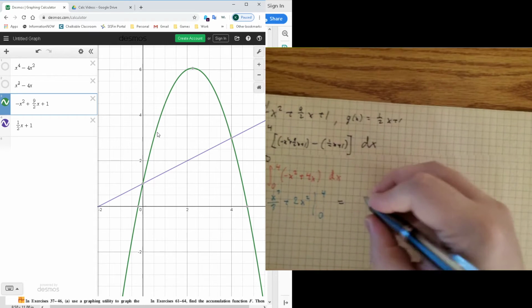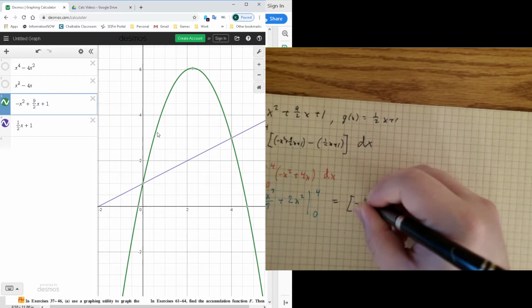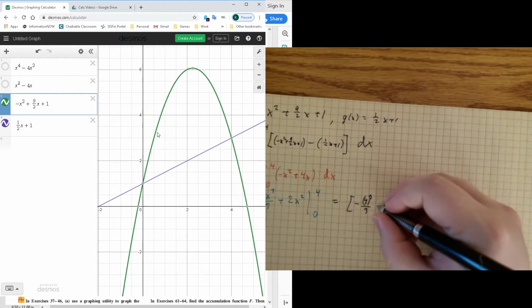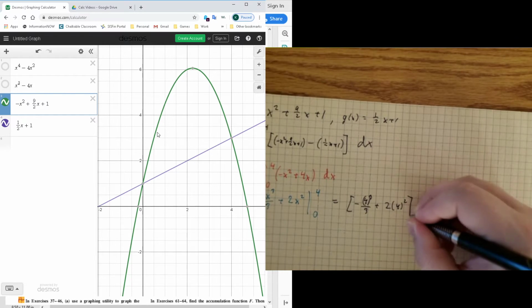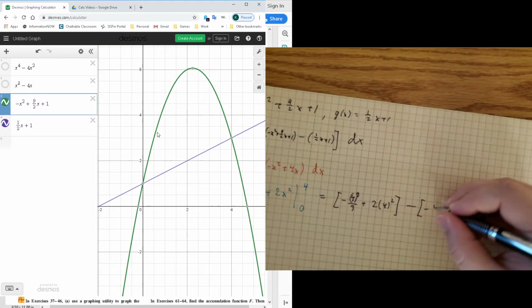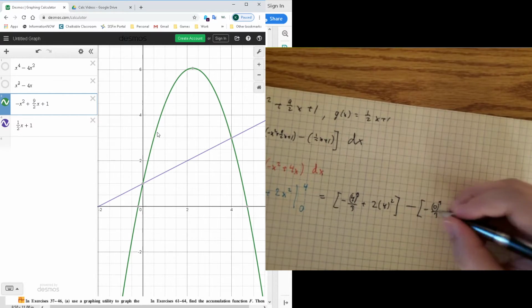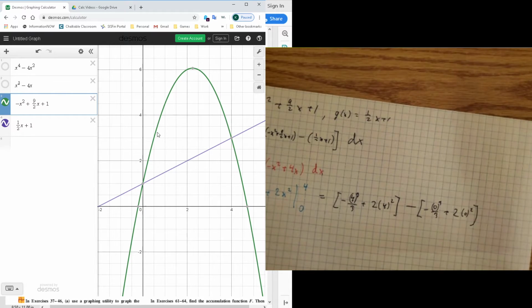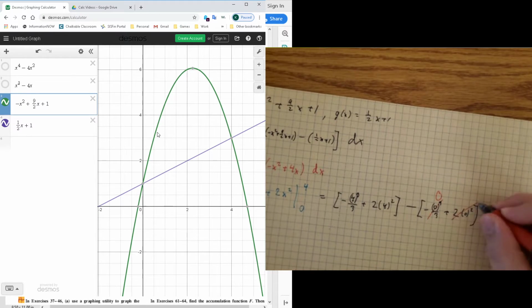And now I can start plugging in. I plug in 4 first, so negative 4 cubed over 3 plus 2 times 4 squared, minus negative 0 cubed over 3 plus 2 times 0 squared. Okay, 0 cubed is 0, divided by 3 is 0, negative of that is 0, 0 squared is 0, times 2 is 0.